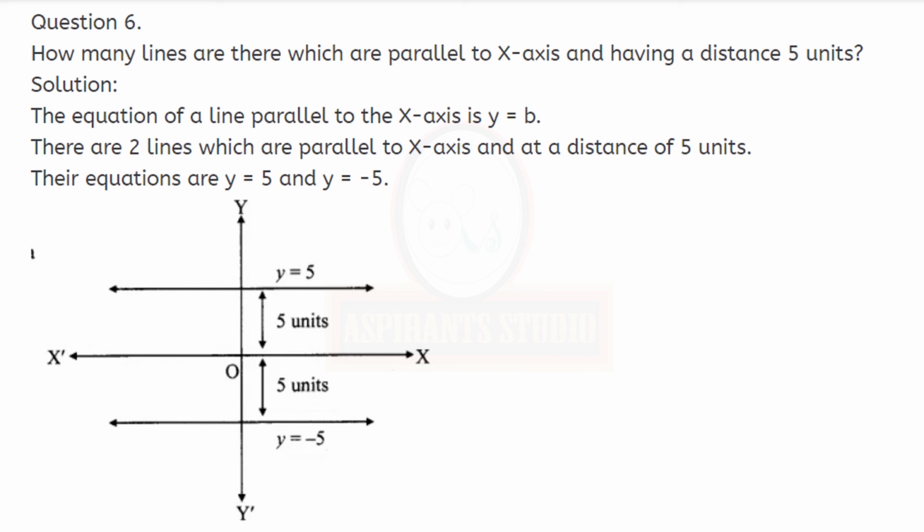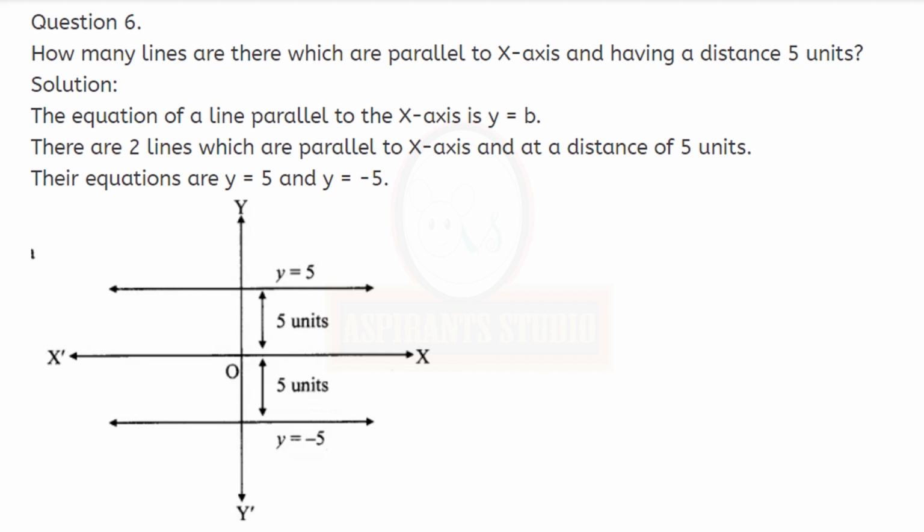The equation of a line parallel to x-axis is y is equal to b. B is a constant value, but according to its position, it can take positive or negative value. If that line is parallel to the x-axis and below the x-axis, then b is negative.